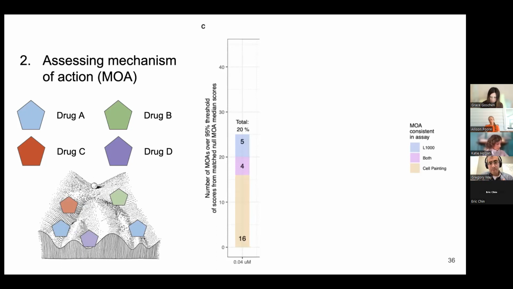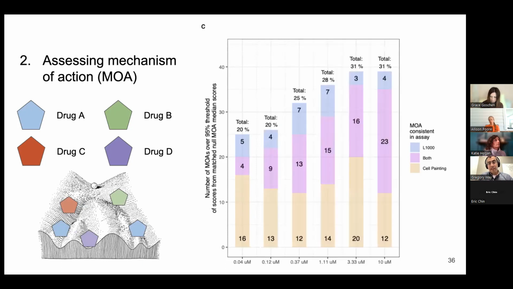I don't remember the exact number, but we captured 20% of them with both assays, 16 uniquely with cell painting in the lowest dose. Unsurprisingly, again, as you increase the dose, you get more coverage of the MOAs that you're able to reproducibly measure. But still consistently, cell painting tends to outperform, although there is more overlap between the assays.